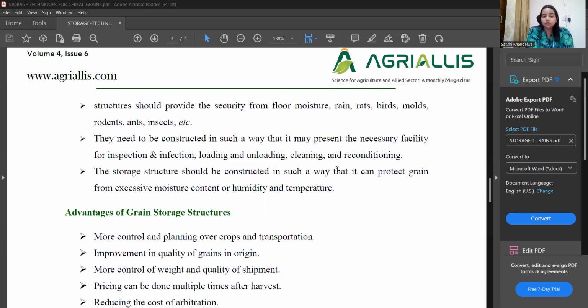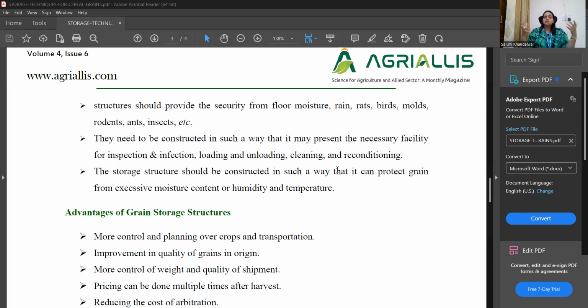It needs to be constructed in such a way that it provides the necessary facility for inspection, infection control, loading, unloading, cleaning, and reconditioning. We should always choose that kind of structure, where we can do these things again and again.